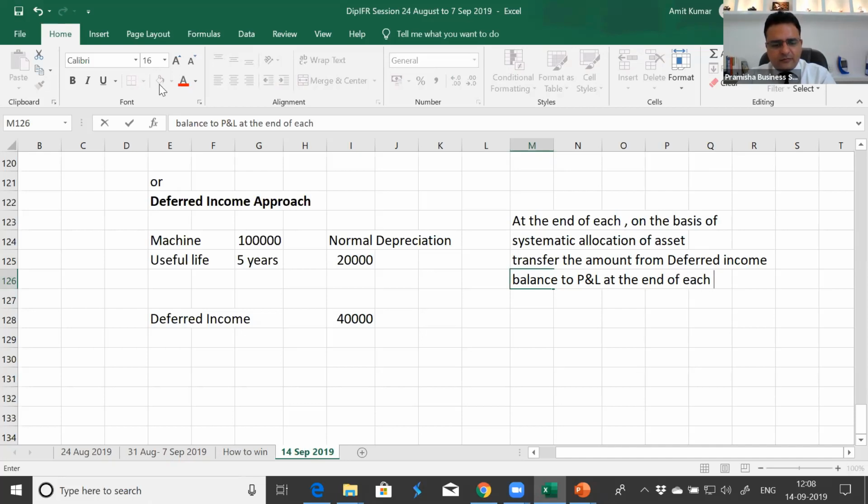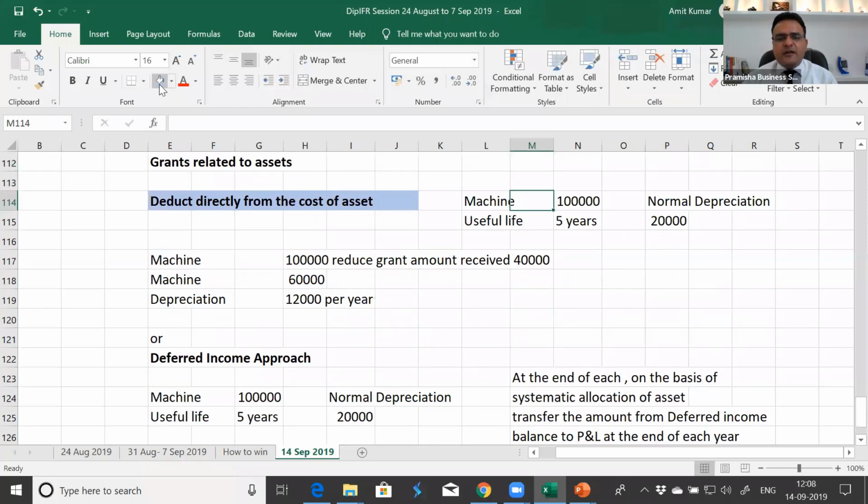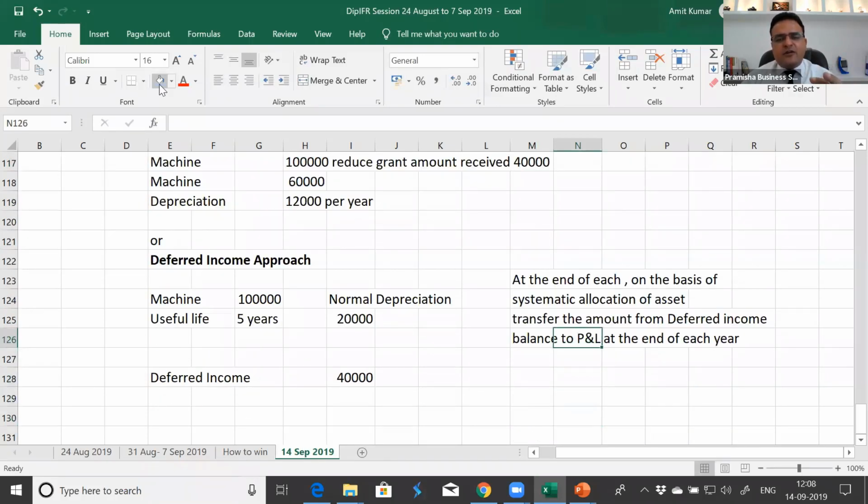So systematic allocation is 20,000 per year. We are going to spread this cost of 1 lakh over a period of 5 years, 20,000 each year. The cost is 20,000 for P&L. We can reduce the same cost by transferring this deferred income also on a systematic allocation basis: 40,000 divided by 5 gives me 8,000.